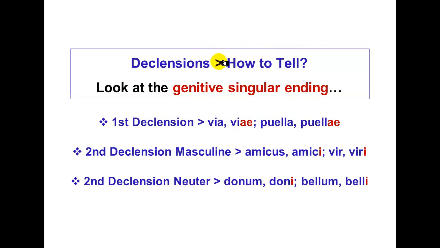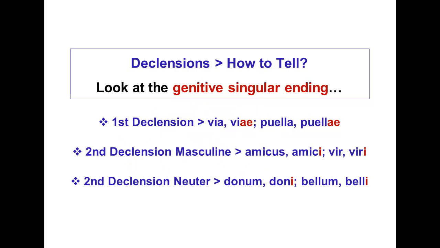How can you tell what declension a noun is? You have to look at the genitive singular ending. When you look at a Latin noun in the dictionary, you'll see two Latin forms. The first form is the nominative singular, the second form is the genitive singular. It always follows this pattern in the dictionary entry.